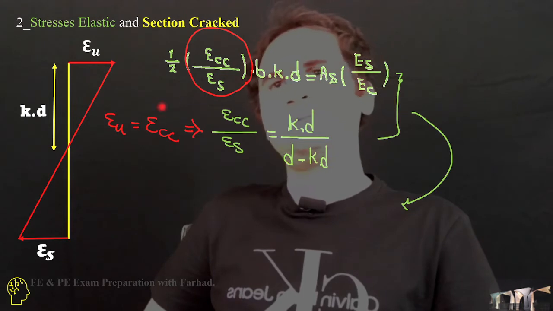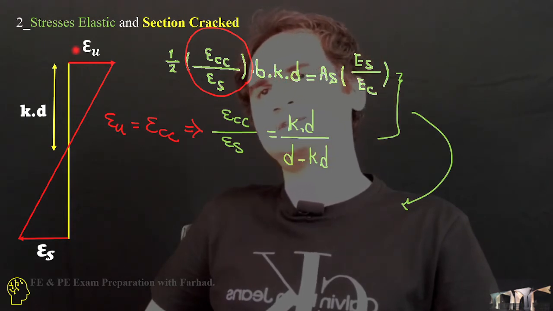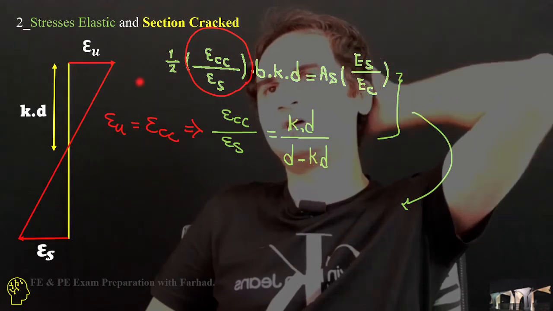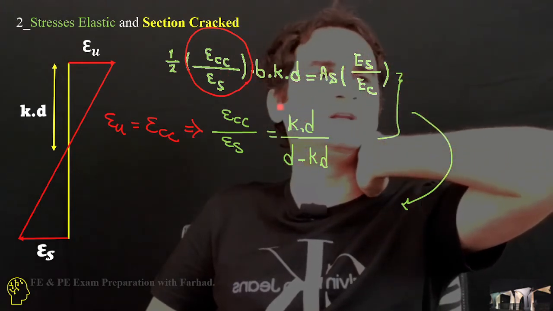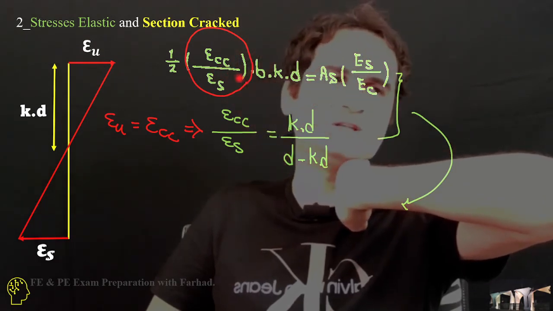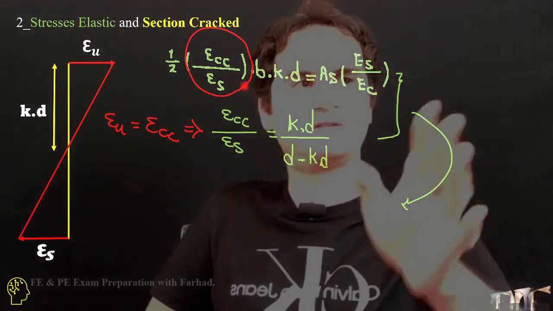At the same time, epsilon cc is exactly epsilon u. Epsilon ultimate of concrete is definitely at the topmost of the concrete compressive part. That's epsilon for concrete at the topmost, which is the highest compressive effect.